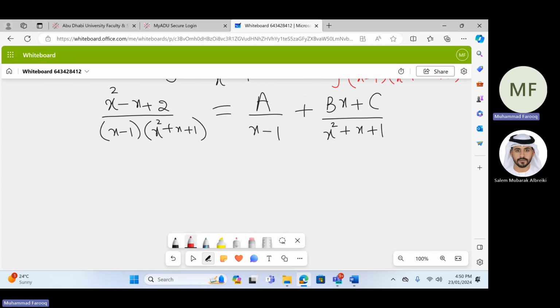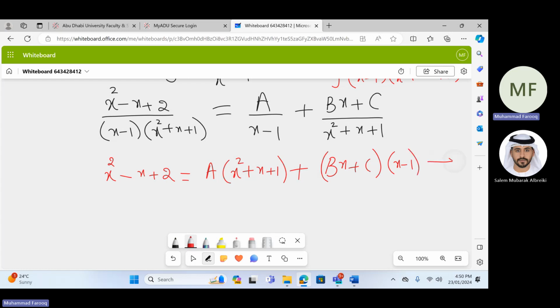So when you multiply, you get x squared minus x plus 2 is equal to A times x squared plus x plus 1, plus Bx plus C times x minus 1. Yes, very good. And you can name it the star equation.